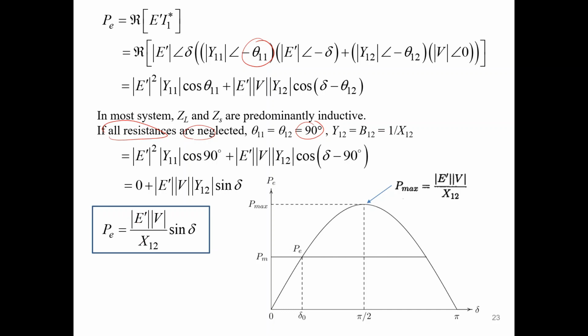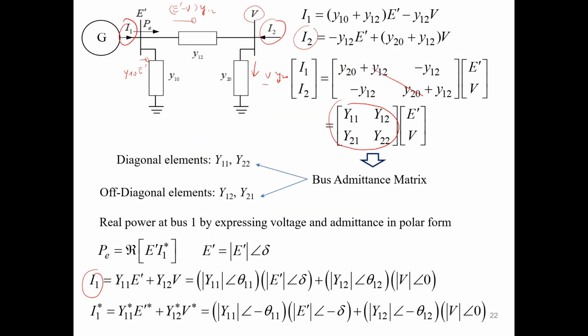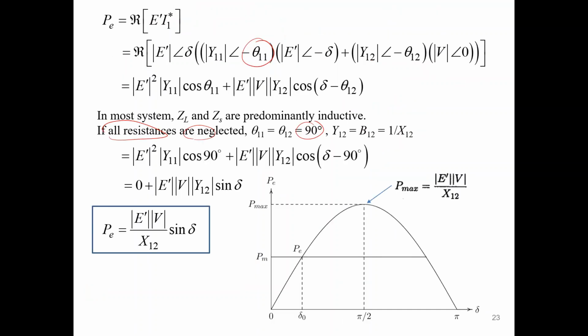So x12 is the equivalent reactance between bus 1 and 2. Because you can get just this guy, y12, and you take the reverse of this, you get the division by x12.